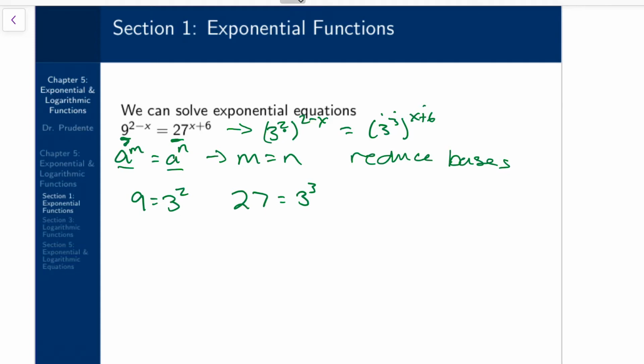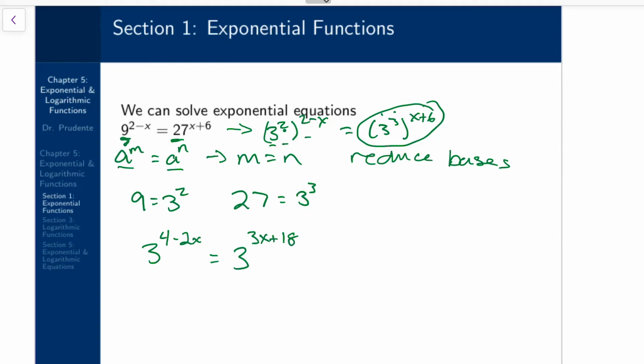But like we said, all of the same properties of exponents still hold. So if I have 3 squared raised to a power, that property said I just multiply the exponents together. Likewise, if I have 3 cubed all to the x plus 6, I can just multiply that power of 3 with the power of x plus 6.